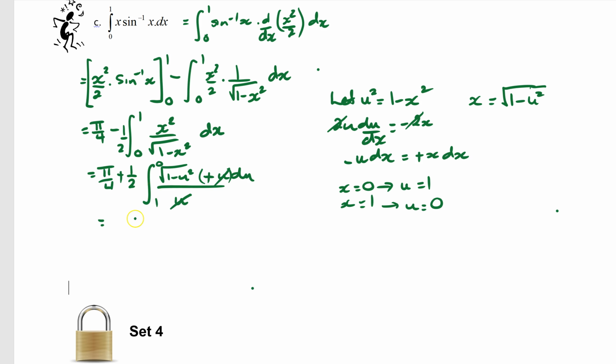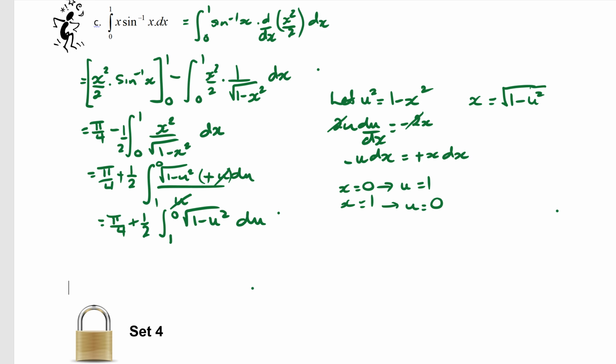Now, normally I would say, well, we would take these, switch them around again and change the sign, but that's where there's a little trick. Well, it's not a little trick, I think it's a big trick when you're under pressure in an exam. So I've got half of the integral from 1 to 0 of the square root of 1 minus u squared du.